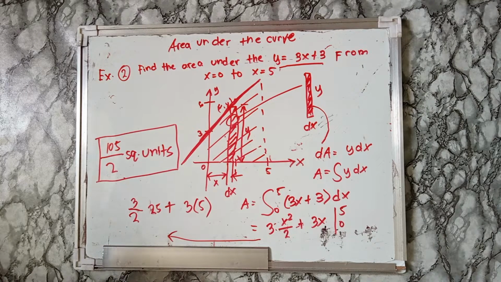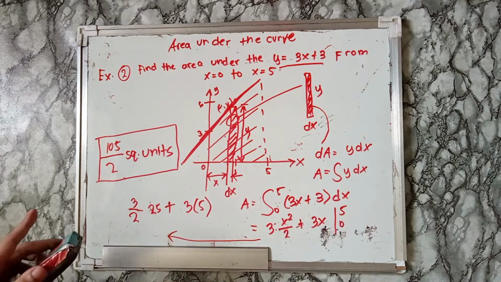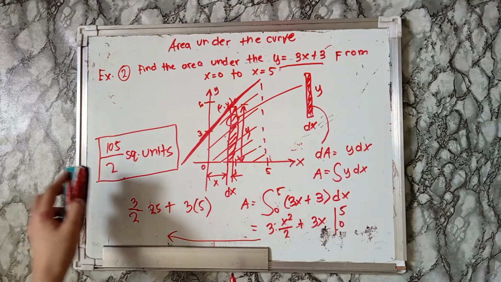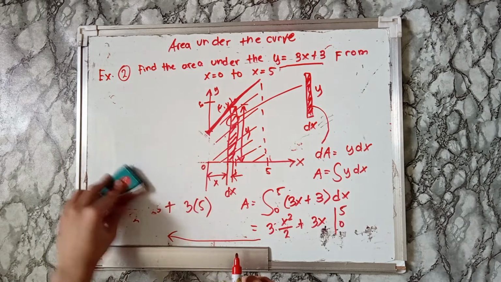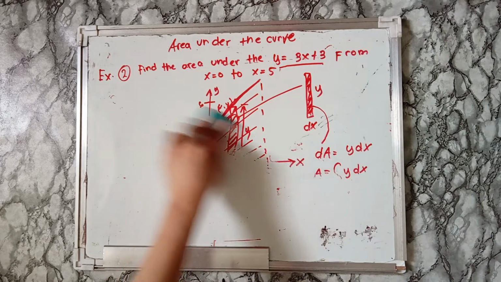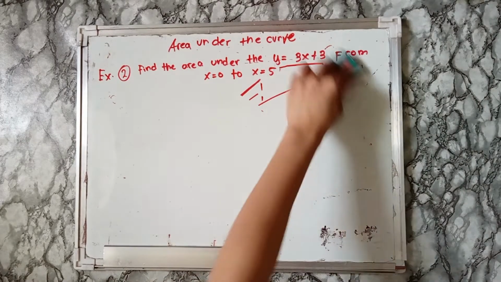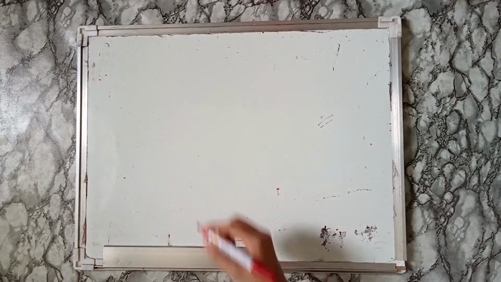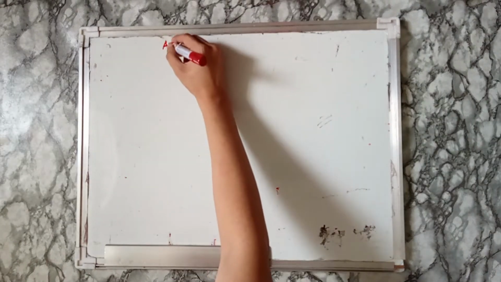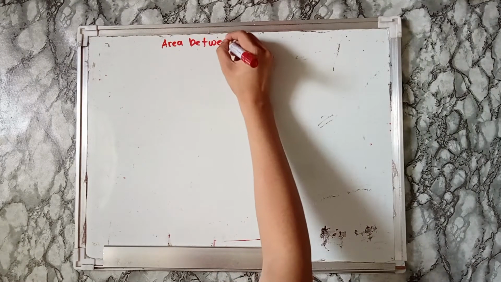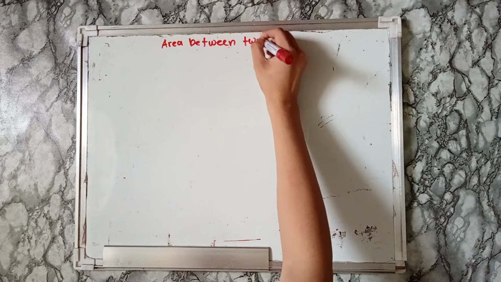Now let's go to area between two curves, or shall we say area between two lines, or a line and a curve, right? So let's go to area between two curves.